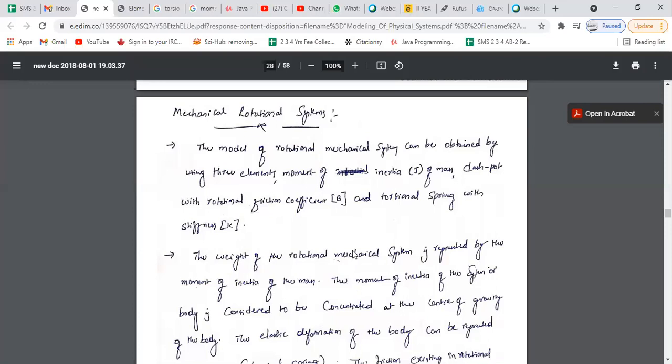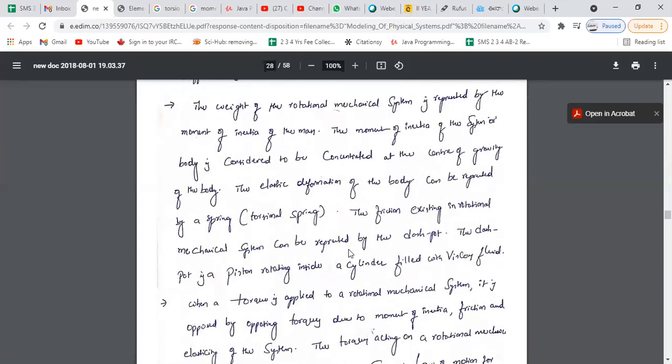Coming to other points, they are similar to the translation system. Here, the weight of the rotational mechanical system is represented by the moment of inertia of the mass. Similar to the translational system, where the weight is represented by the mass of the system, here it is the moment of inertia of the system, right?